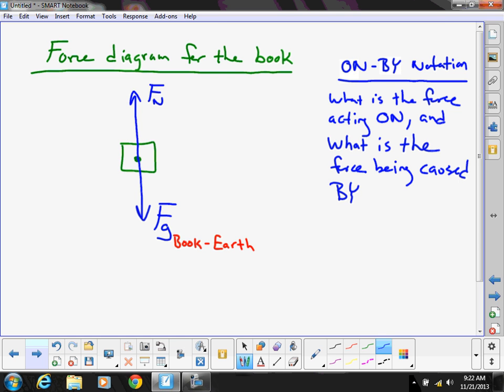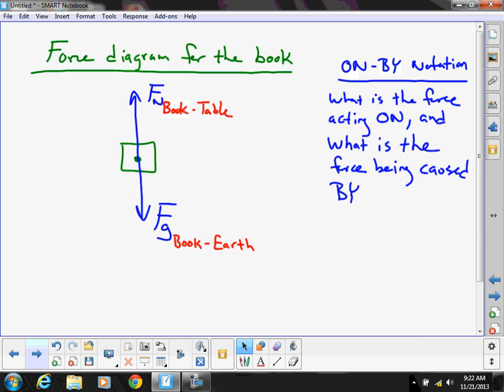So in this case, we have the normal force that is on the book, and it's being caused by the table. Okay. So we have the force of gravity pulling down on the book by the Earth. We have the force normal that's acting on the book by the table.